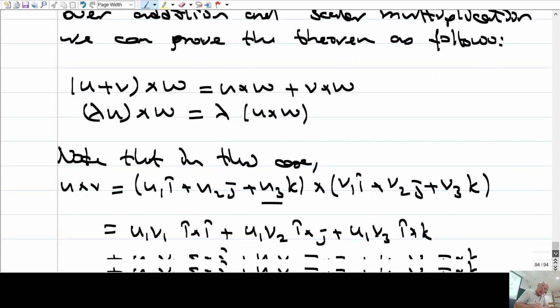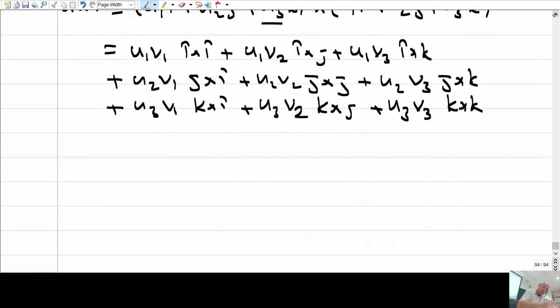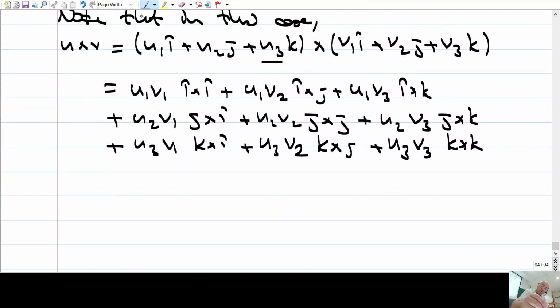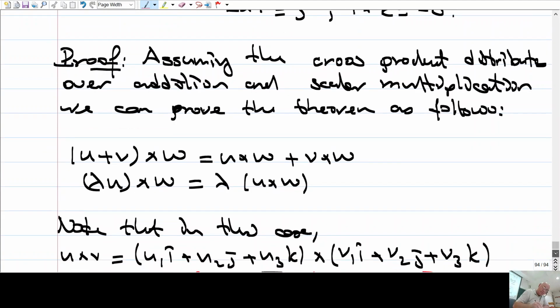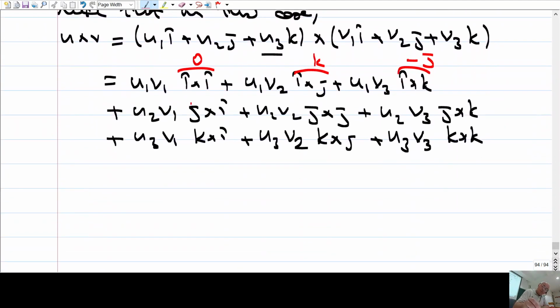So if I use that, let's see. So this is 0. I cross J is K. I cross K is minus J. Right? I cross K is minus J. J cross I is minus K. J cross J is 0.